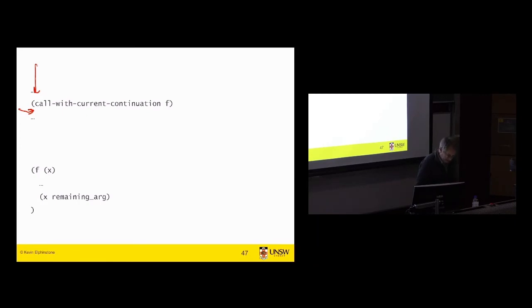Let's call that C, because I'm not very original. What call with current continuation does is it calls the function f that we passed in with C as the argument to f. So the continuation, C, that represents that point in time here is passed in as the argument to f.